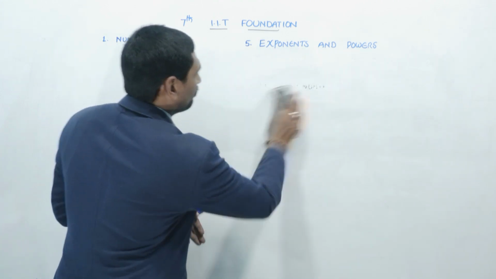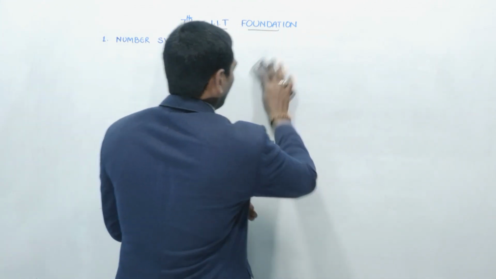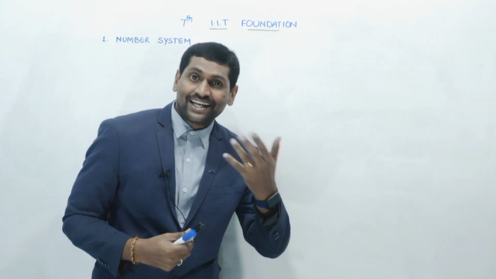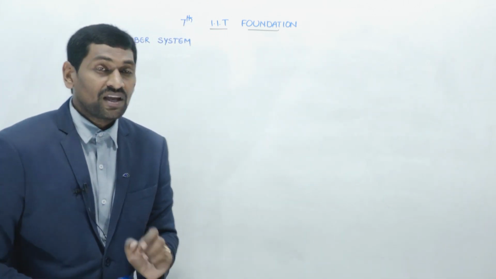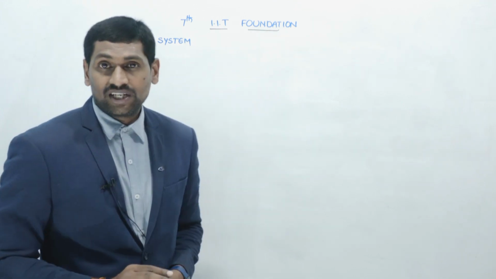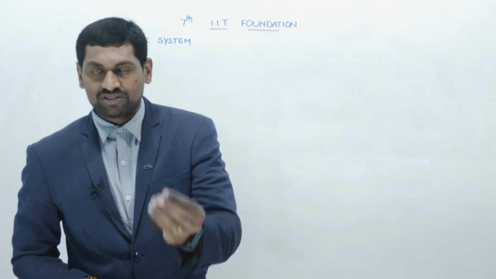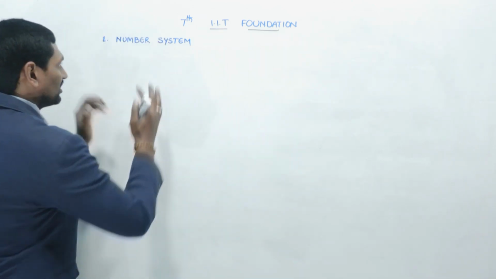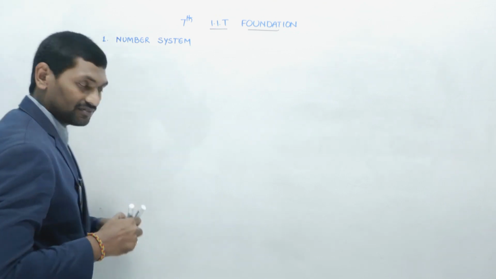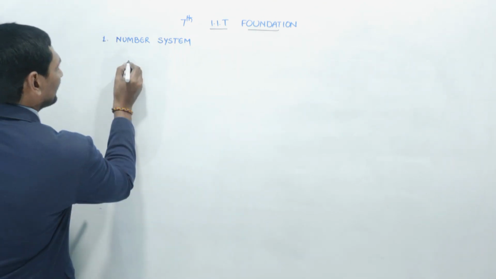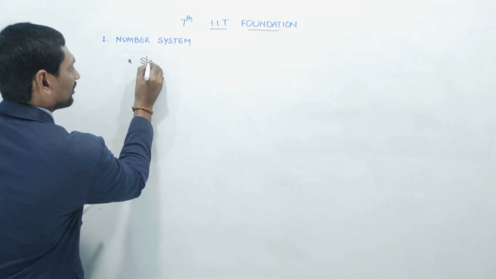In the number system topic, there are different types of number sets: natural numbers, whole numbers, integers, rational numbers, decimal forms of numbers, real numbers, irrational numbers, and complex numbers also. But in this chapter, mainly we are covering the standard form of a number. First topic is standard form of a number.